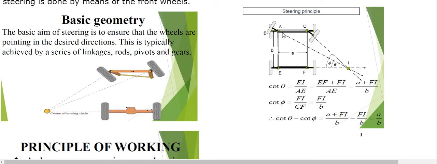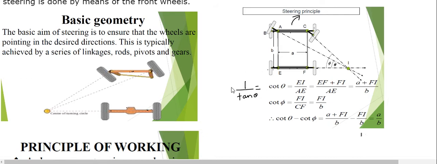So let's assume a vehicle top view like this, chassis top view with two wheels attached with an axle at the front as well as two wheels attached with an axle at the back. So this is the rear wheel axle, this is the front wheel axle, and it is taking a right turn like this. So from this diagram we can see that cot theta, theta meaning this angle, cot means reciprocal of tan theta, not tan inverse, reciprocal.